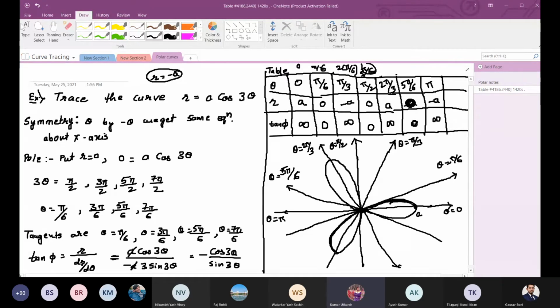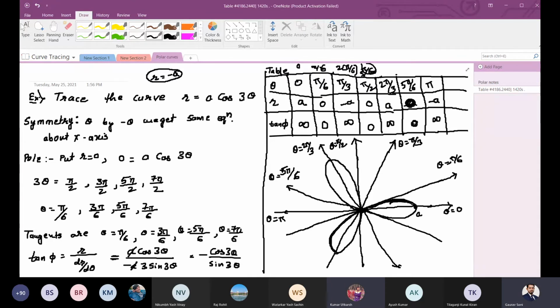Sir, what is the meaning of pole, sir? It is only direction, no? Pole means origin. Pole is nothing but the origin. Sir, so are we measuring the pole in terms of theta? Where did I say that we are measuring the pole in terms of theta? What makes you think so?